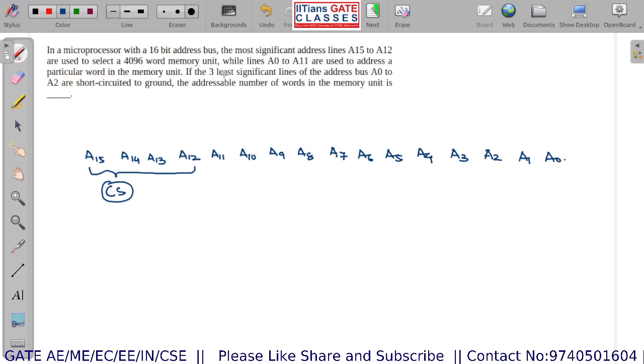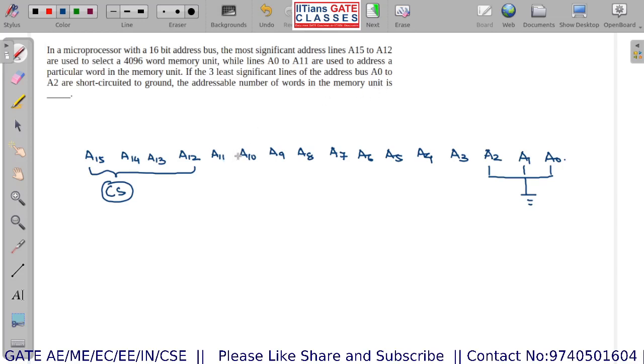If the three least significant lines of the address bus, A0 to A2, are short-circuited to the ground, the addressable number of words in the memory unit is what? So these three have been short-circuited to the ground.